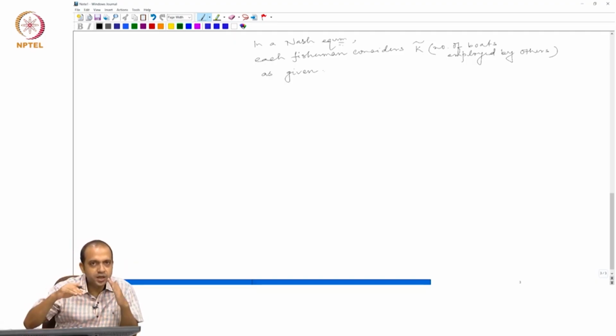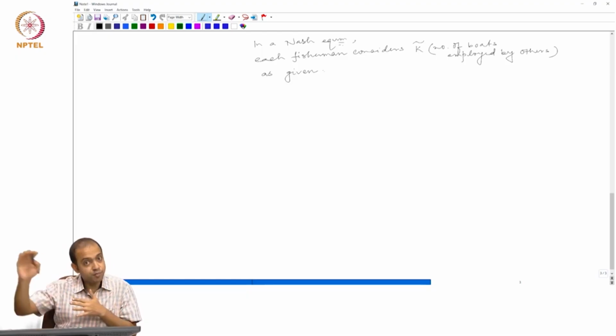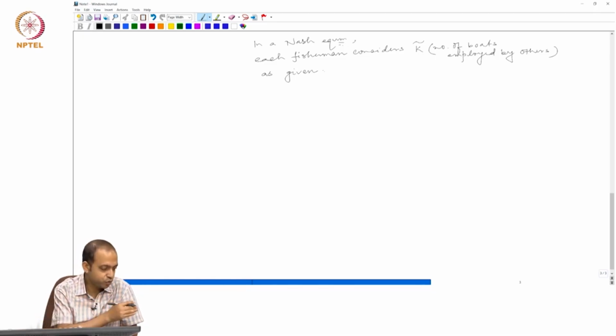So, first I consider others' best strategy and then I decide about my best response. First I consider K tilde, the number of boats employed by other fishermen, then I decide about my optimal number of boats. So, considering K tilde, I will decide about my number of boats.